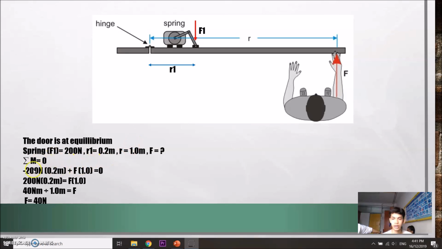You can calculate it by equating the moment at the spring and the moment at the end of the door to 0: negative 200 Newton, because the force is going downwards, times the distance 0.2 meter, plus F that we are trying to find, and we get 40 Newton. So the door is at equilibrium.